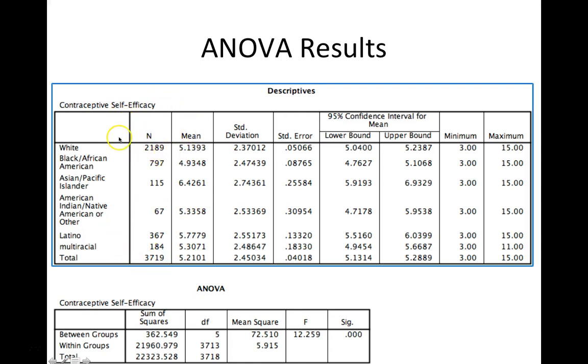As we see here, perhaps not surprisingly on most surveys, there are more white folks than any other group. And then we have a fairly large sample of Black and African Americans in this group. Latino is our next largest group, and then folks who are multiracial down here.